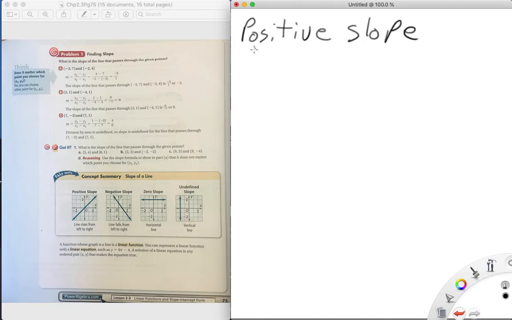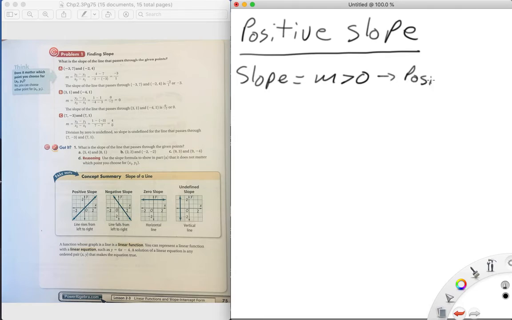A positive slope occurs when your slope, which we're going to call m, is greater than 0, meaning it's positive. When we have a slope greater than 0, we have a positive slope.